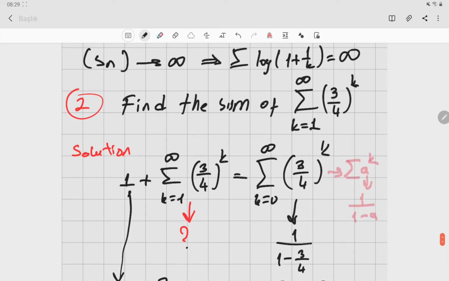Okay, this is a convergent series, and its sum is equal to 3.